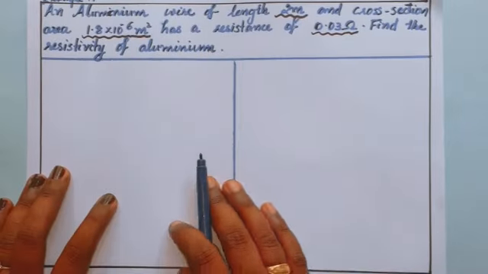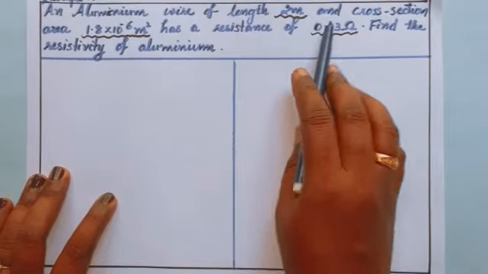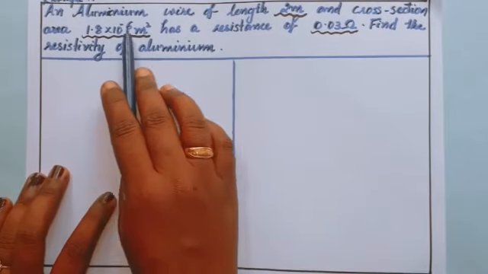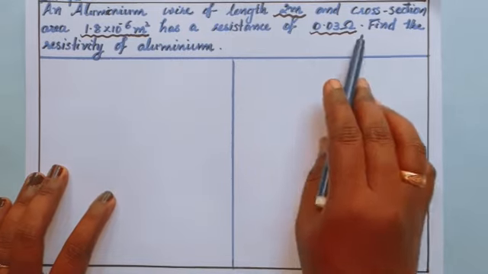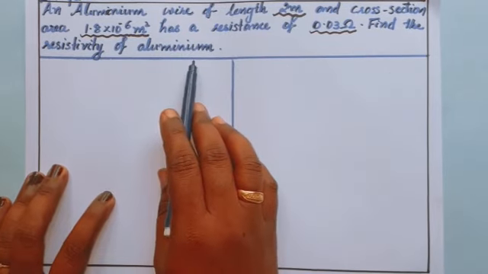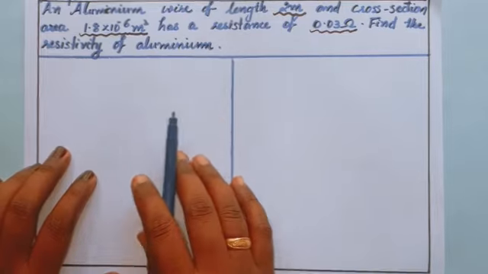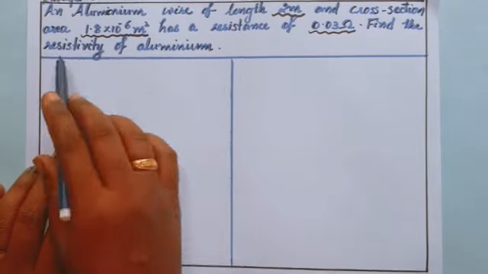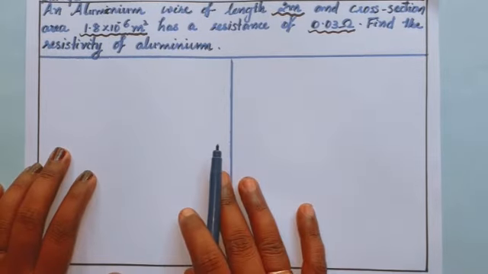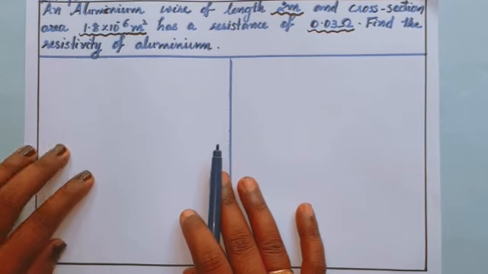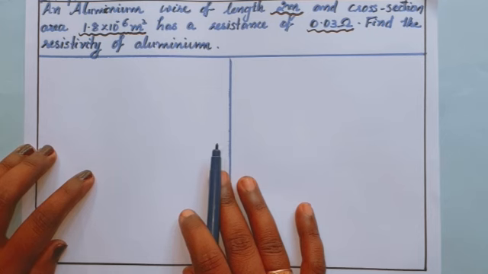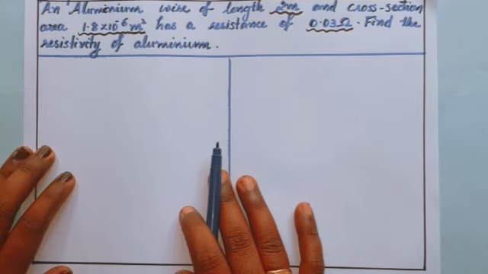Example 1. An aluminium wire of length 2 meter and cross section area 1.8 into 10 raised to minus 6 meter square has a resistance of 0.03 ohm. Find the resistivity of aluminium. From this question, I have to find the resistivity. First, write the data from the question.